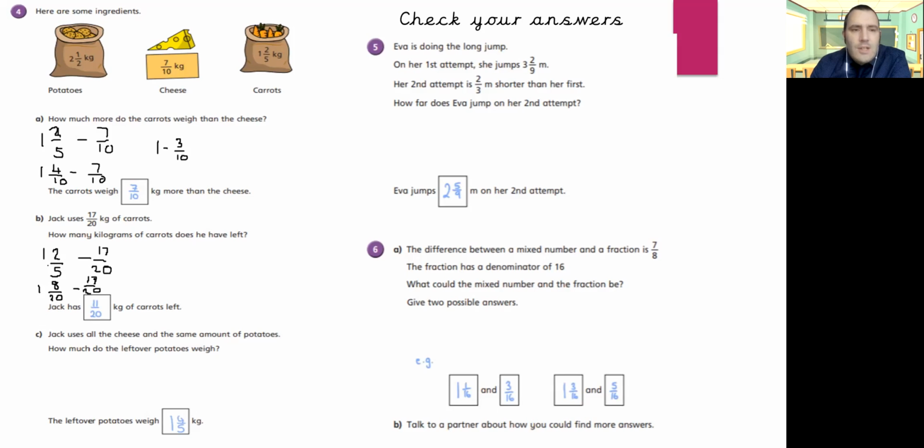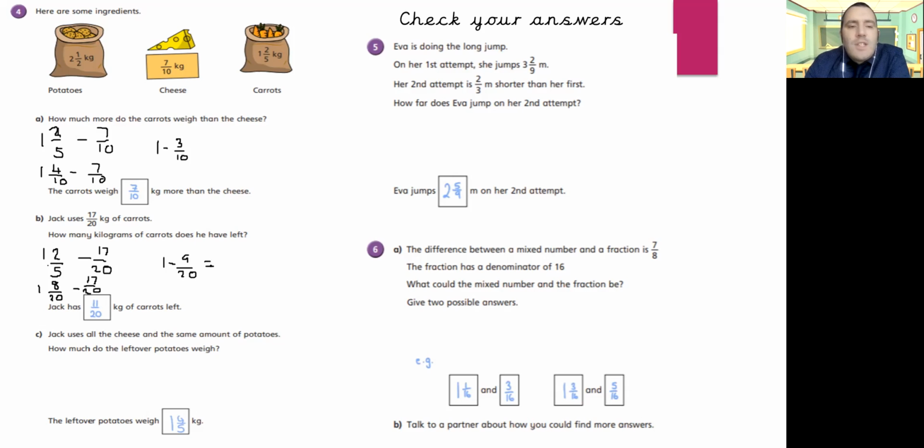Again, partitioning 17. If I take away 8 to get me back to 1, I'm left with 9. So the question then becomes 1 take away 9/20. And again, remembering that 1 is equivalent to the denominator and the numerator being the same.